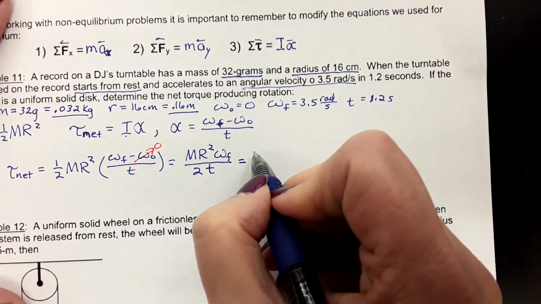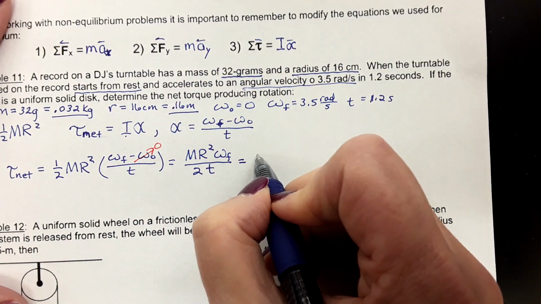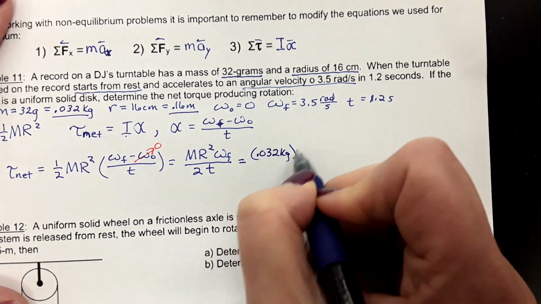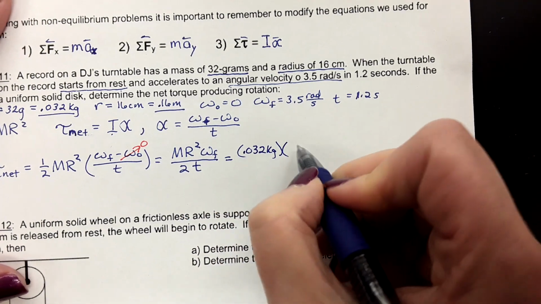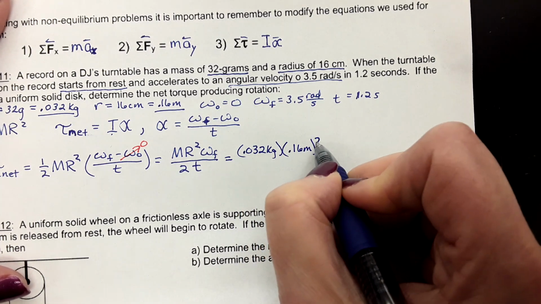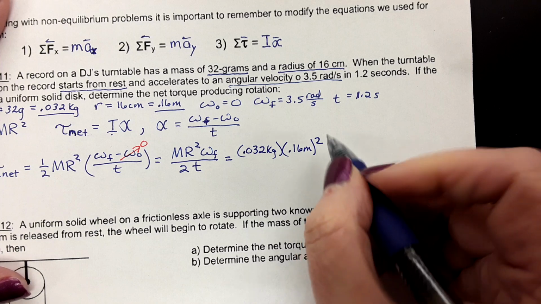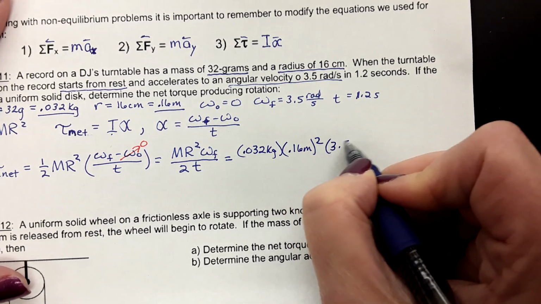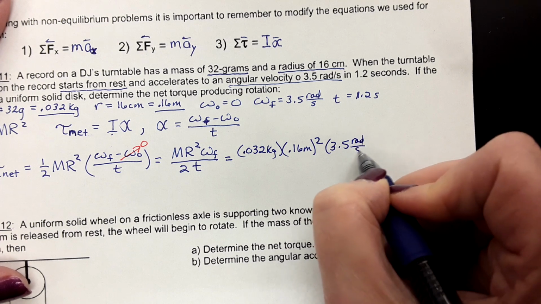If we plug in our information, the mass is 0.032 kilograms times the radius squared, so that'd be 0.16 meters, and don't forget to square it, that is a common mistake, and the final angular speed of 3.5 radians per second.